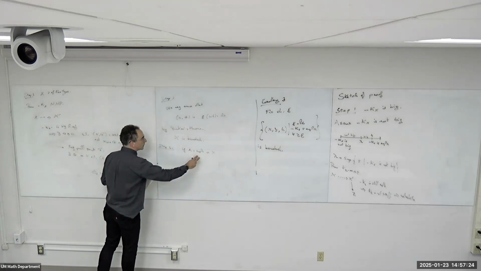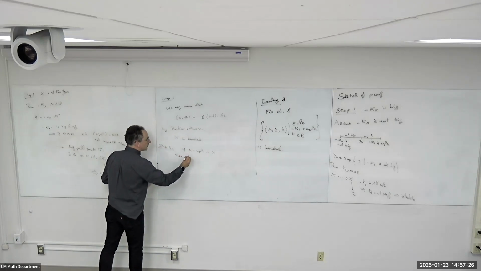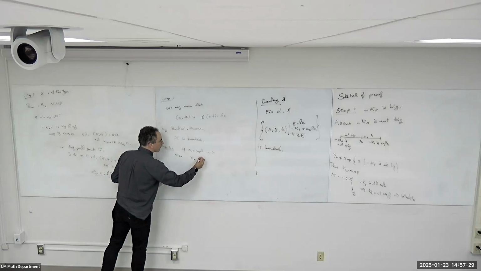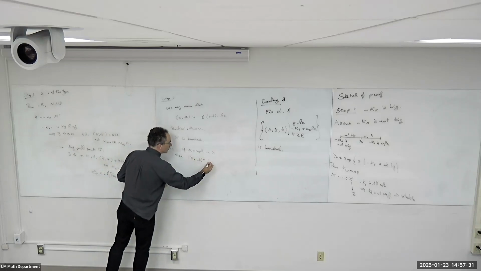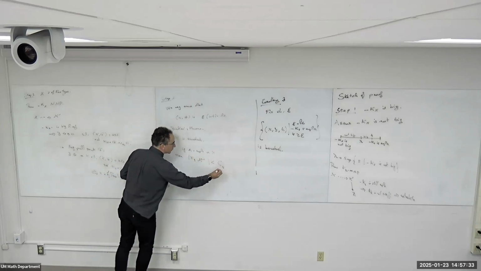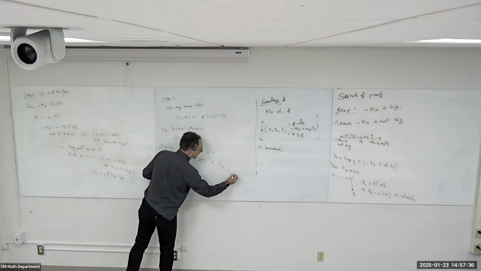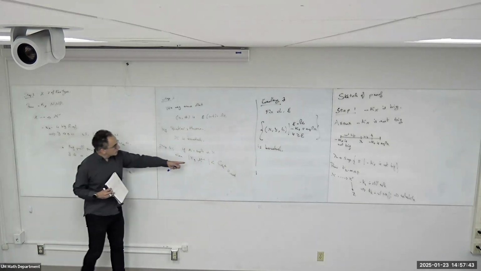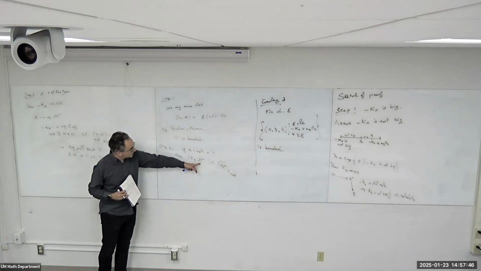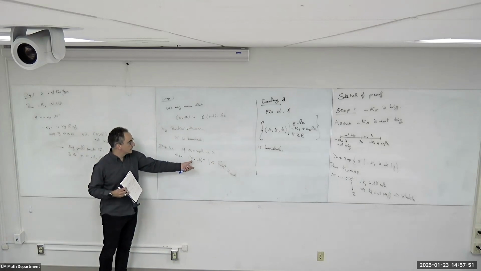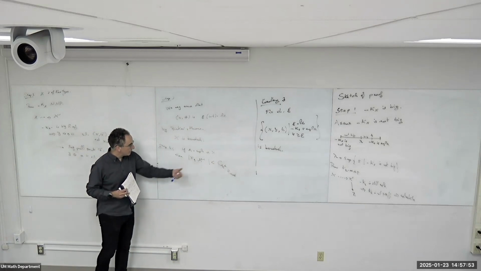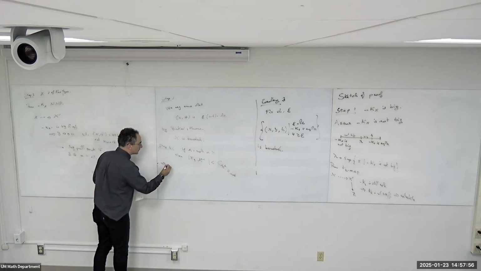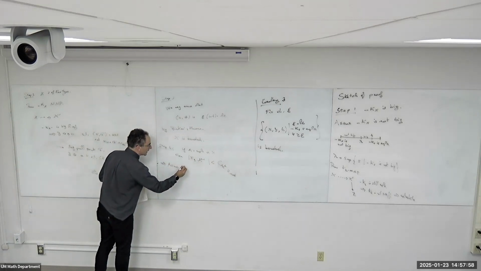So I can fix an ample divisor here, and then we can show that K_F times A^(n-1) is bounded in absolute value. So this is fixed. Fixed, of course, depends on epsilon and depends on dimension. Okay, but since the variety is bounded, to say that a divisor satisfies this property means that there are only finitely many possibilities for K_F, or at least there are boundedly many possibilities for K_F. So we can assume that K_F is fixed.